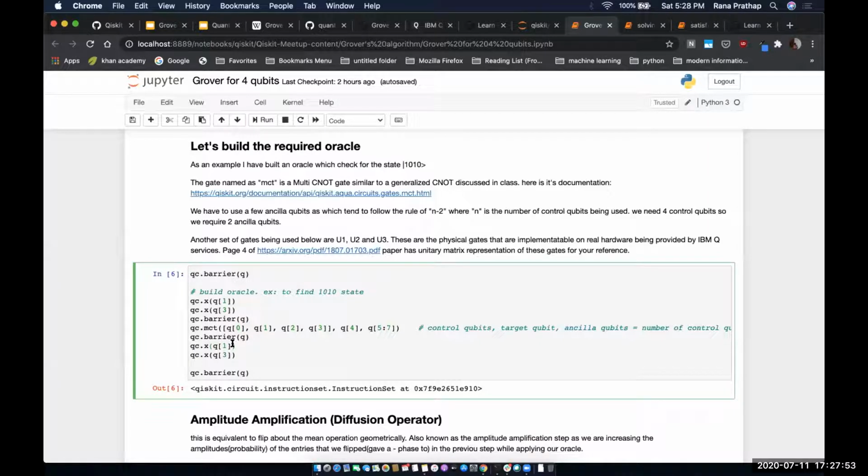So what is actually happening? I'm putting X at 1, X at 3, doing the MCT, and then I'm putting X at 1 again. There is no correlation between this line and that line at all, and it doesn't matter. As we go in time, you're just putting the gates such that it negates the effect of these gates. I hope that has cleared the doubt.